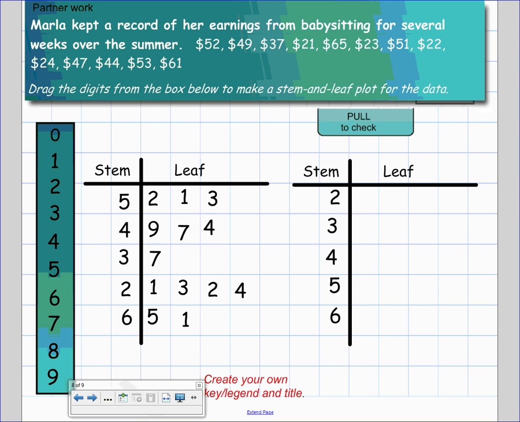Okay, so with our 2s, we got a 1, a 3, a 2, and a 4. So our order is going to be 1, 2, 3, 4.